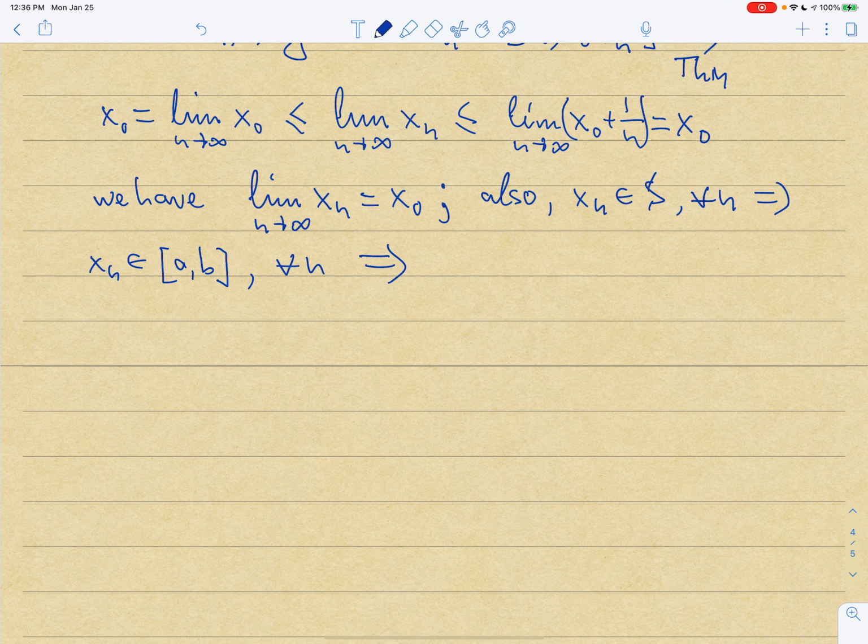And then because f is continuous on [A, B], we have that f is continuous at x0 in particular.